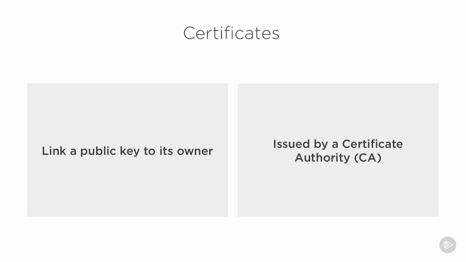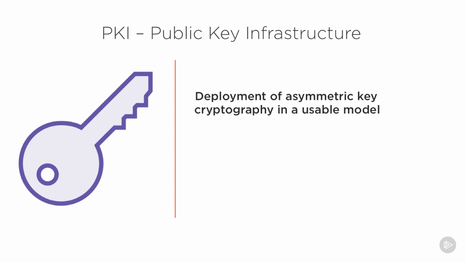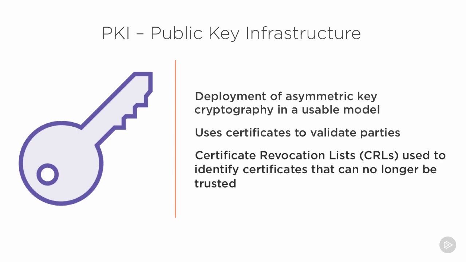with that public key. This can be further expanded into an implementation of asymmetric key cryptography that we'll call PKI, or Public Key Infrastructure. Quite simply, this is making asymmetric cryptography usable. We use certificates to validate who we're talking to, and we also have certificate revocation lists, or CRLs.